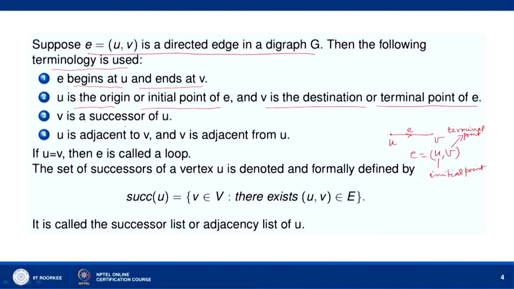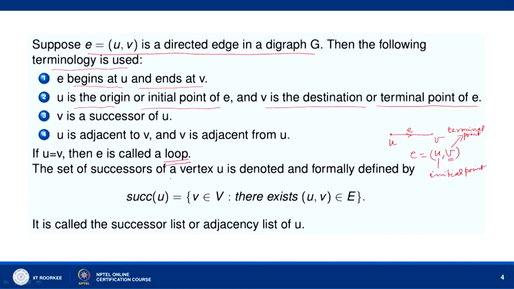V is a successor of U. Or we also say U is adjacent to V, or V is adjacent from U. If U equal to V, then e is called a loop.